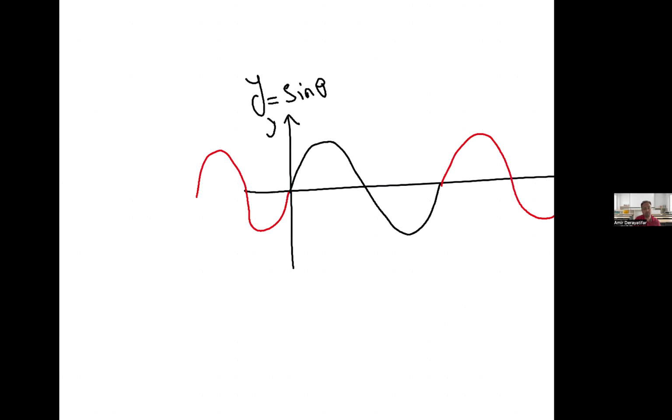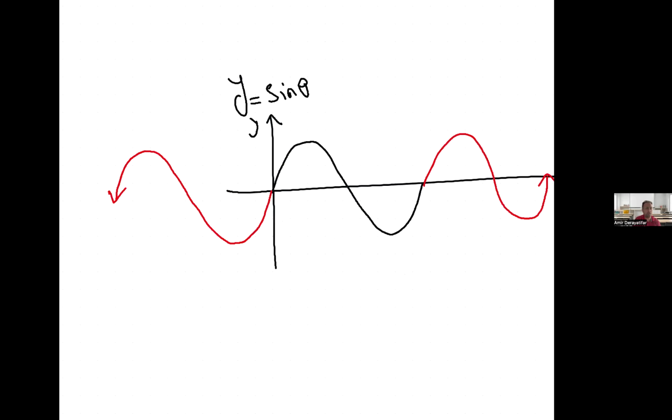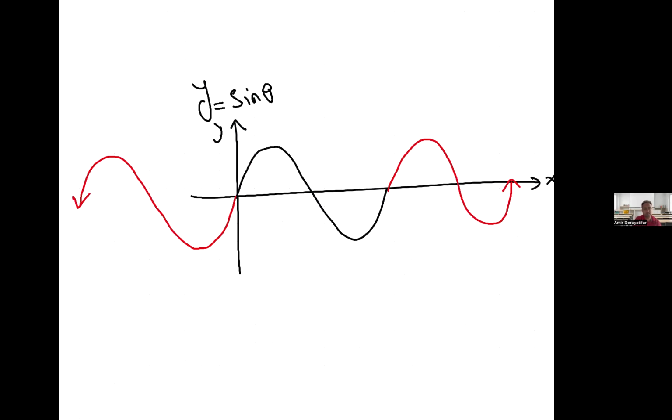Let me draw that part again. It goes to the minimum and then maximum, and then goes down again, and it goes forever to the right, forever to the left. Okay, but if you're focused on one complete cycle, maximum is 1, minimum is -1. One complete cycle occurs in 360 degrees, which is 2 pi radians.